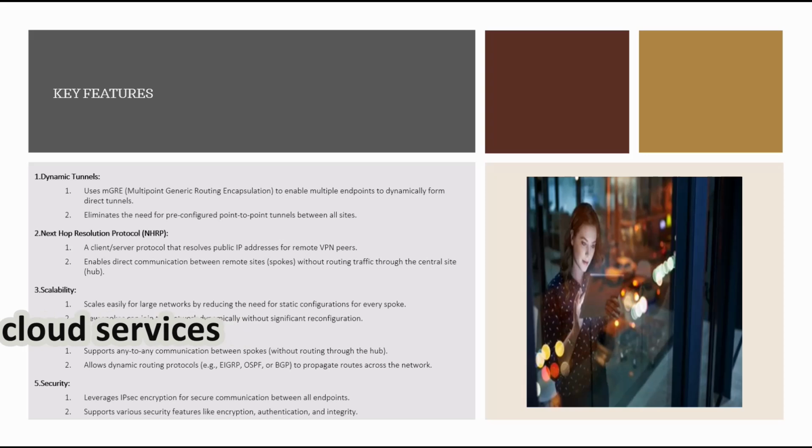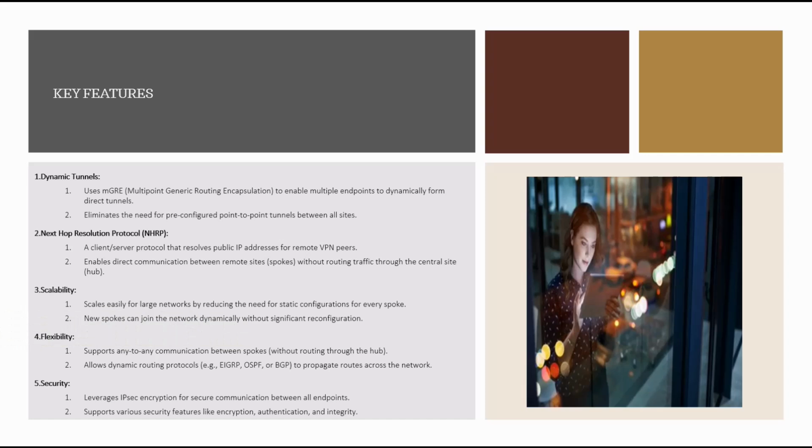It eliminates the need for pre-configured point-to-point tunnels between all sites, and you have seen this example in phase 3 of our lab. Next, Next Hop Resolution Protocol. It's a client-server protocol that resolves public IP addresses of the remote VPN peers.